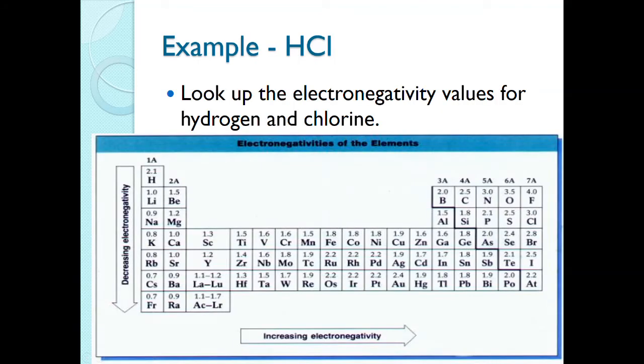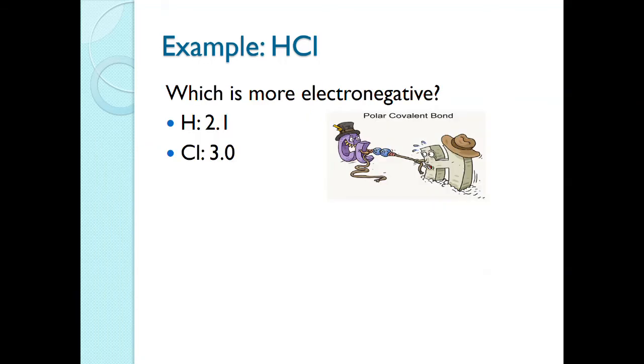Let's take a look at the electronegativity values for hydrogen and chlorine. We can see that hydrogen is just a 2.1 while chlorine is a 3.0. So which is more electronegative? Well, it's obviously going to be chlorine.